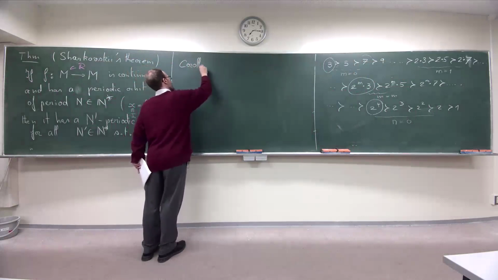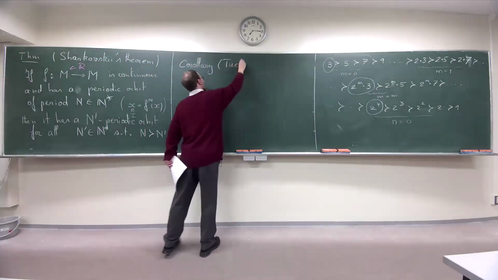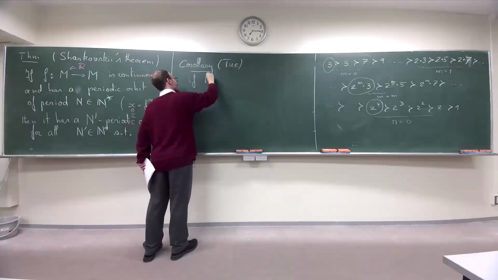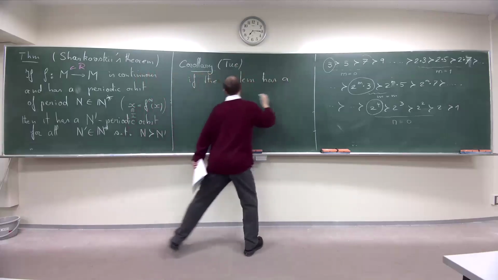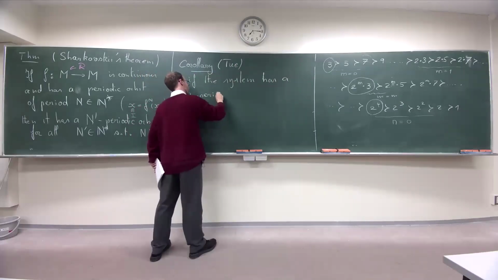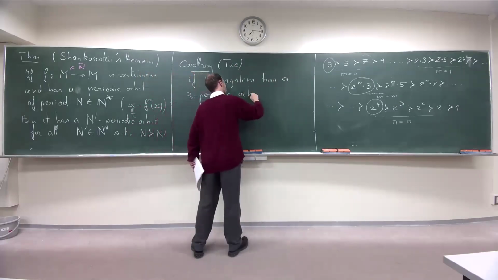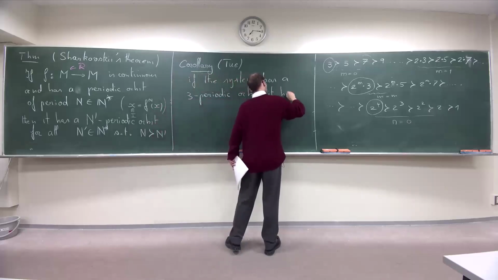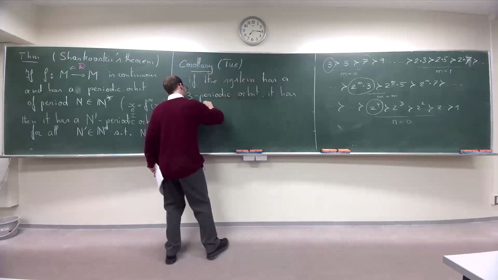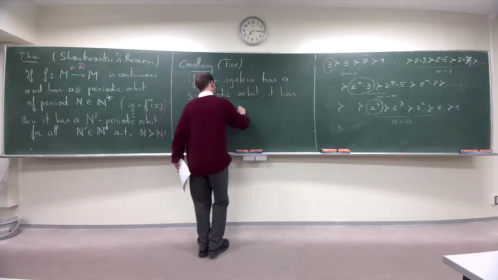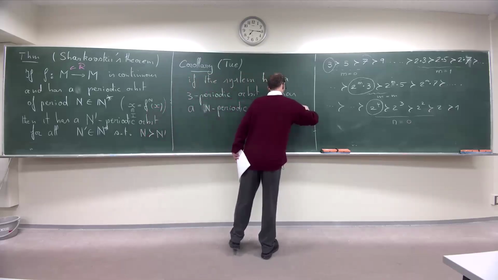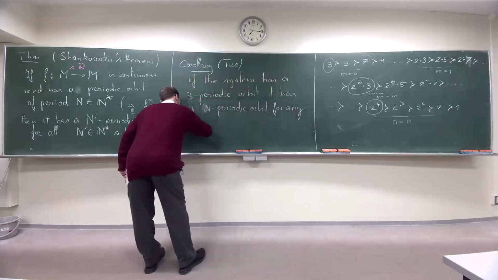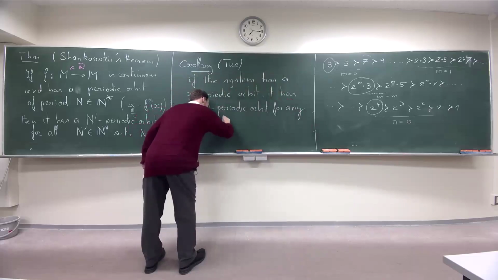Corollary: if the system has a three periodic orbit, it has an n periodic orbit for any n in N star.